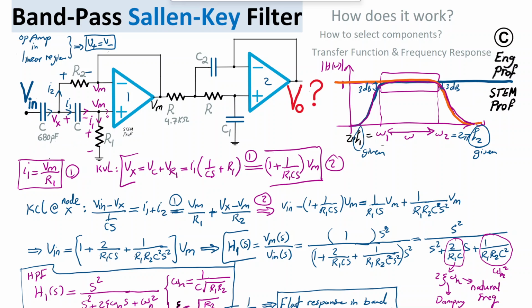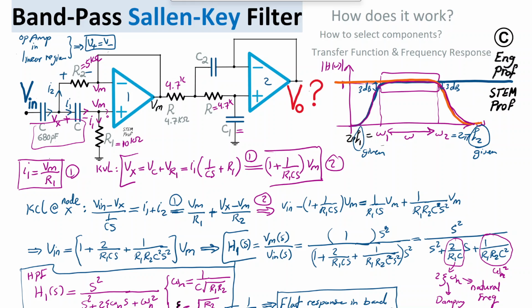If we select R1 to be, say, 10 kilo ohm, and R2 equal to, for example, 5 kilo ohm or 4.7, which is very close practically, so we can implement it. And then R here equal to 4.7 kilo ohm, and naturally this one is also 4.7 kilo ohm.